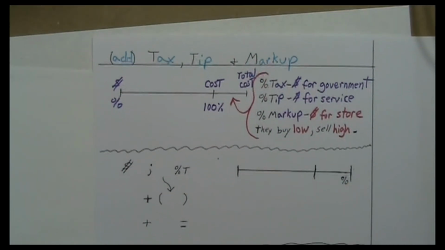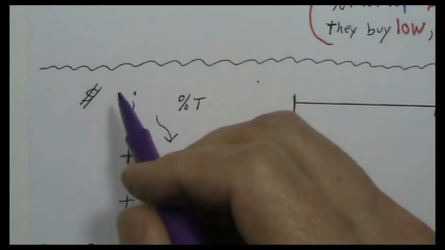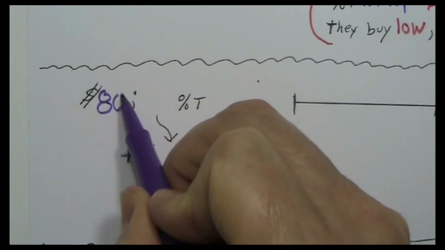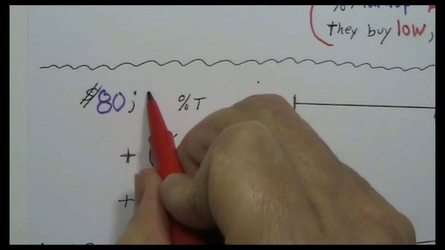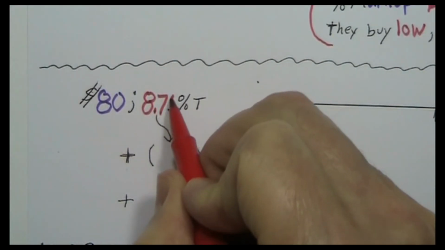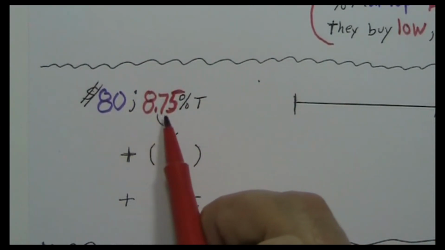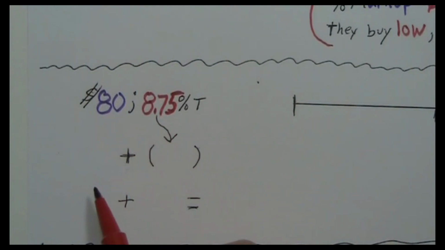Okay, so let's go ahead and do an example down below. So let's say you purchase something and it cost $80. $80, but there's a tax. And the tax is 8.75%. That may seem like an odd number, but that actually is the tax where we live right now.